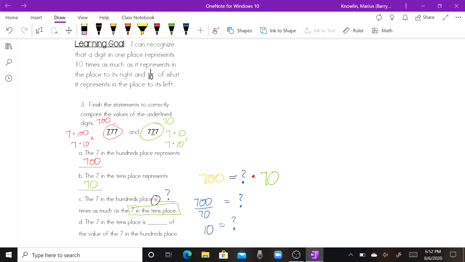So, after all of that, the 7 in the hundreds place is 10 times as much as the 7 in the tens place.